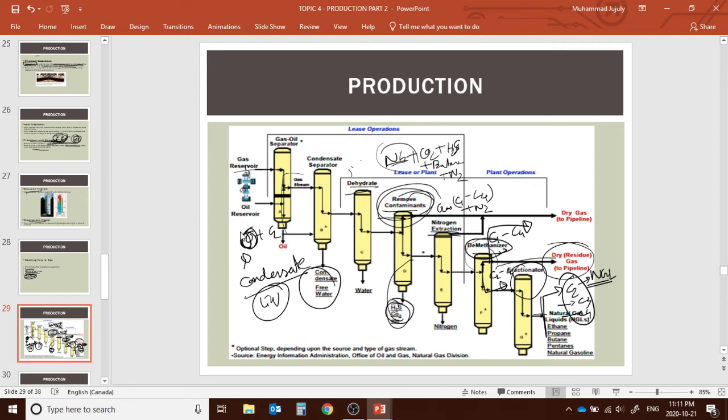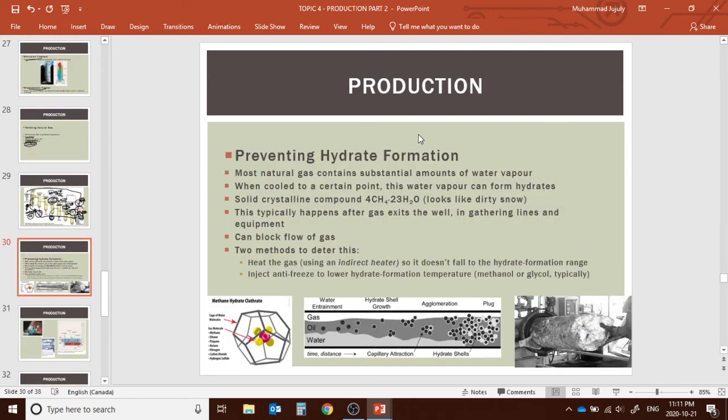And this dry gas, you can sell it to the pipeline, or you can also compress it and make LNG and sell it to the customers. All right, so now you know the steps of the natural gas processing units. All of these are the separators we have.